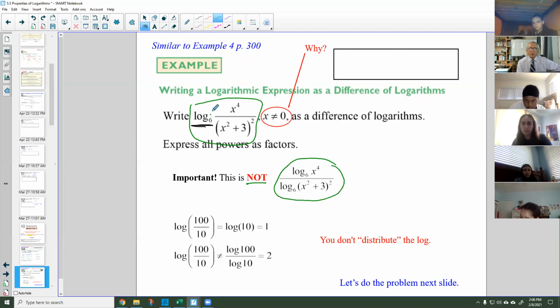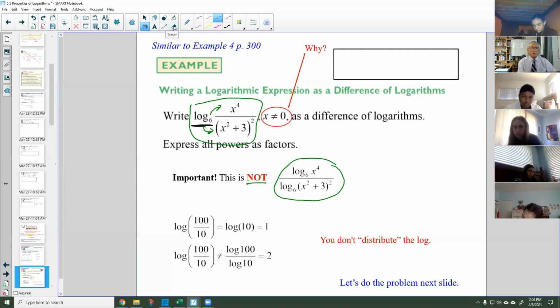I'm not distributing the log to the top and the bottom. I'm not doing that. That is a very common mistake. Don't do it. I want to turn a single logarithm into an expanded logarithm. And in this case, they're telling me it's going to be a difference.